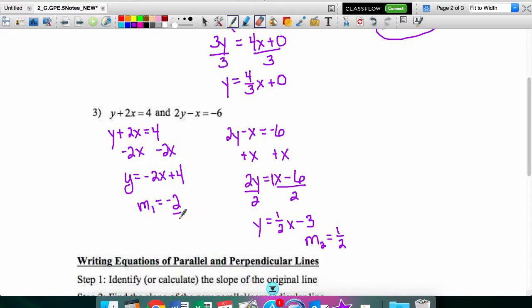But if you think about 2 over 1, because you can always put anything over 1, you can see that 2 actually is the flipped version of 1/2. And not only are they flipped, they're also opposite signs. One's negative, one's positive. This makes these two lines perpendicular.